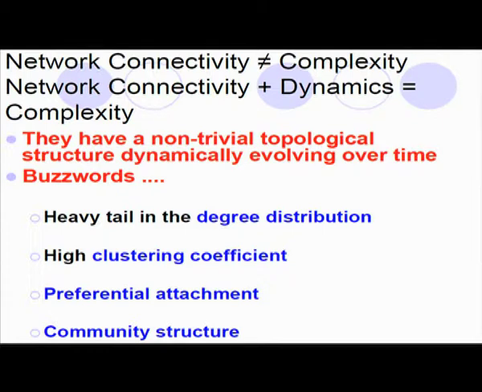Now the question is, why are we so interested in modeling complex systems as complex networks? What is so complex about these complex networks? To understand this, we have to question why we are doing this formulation.